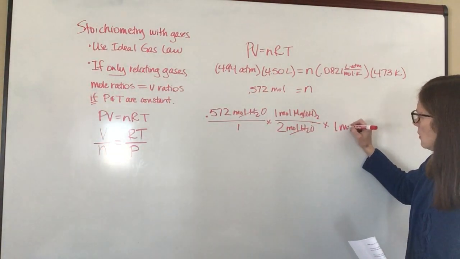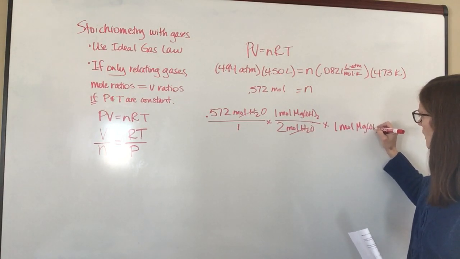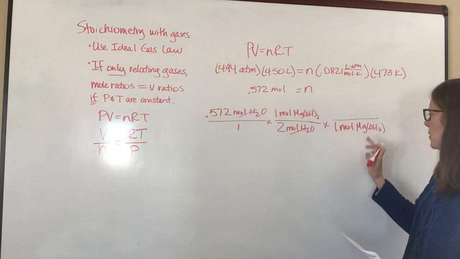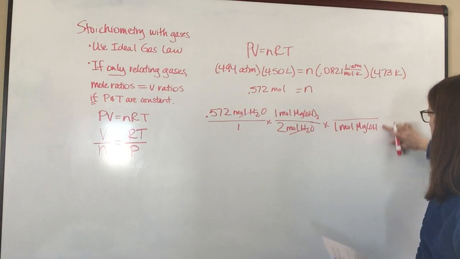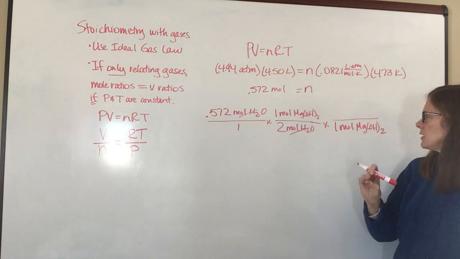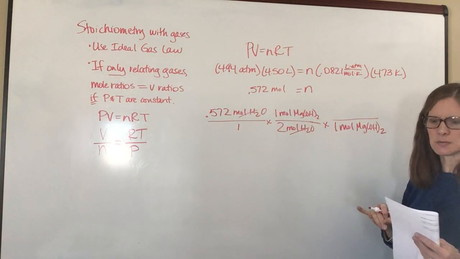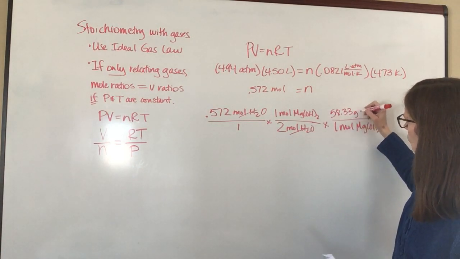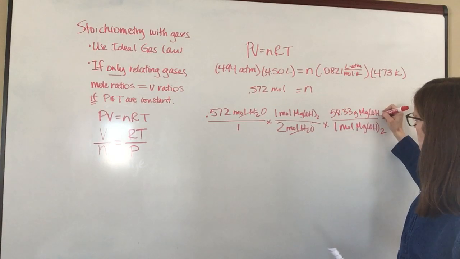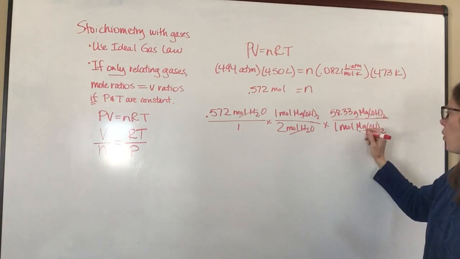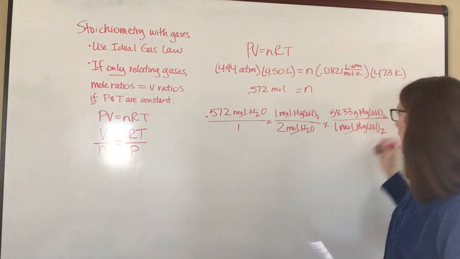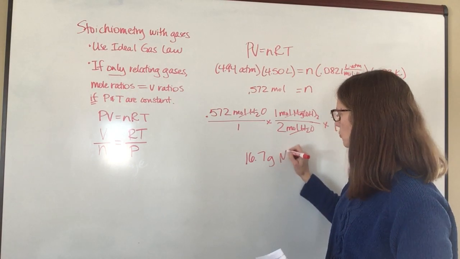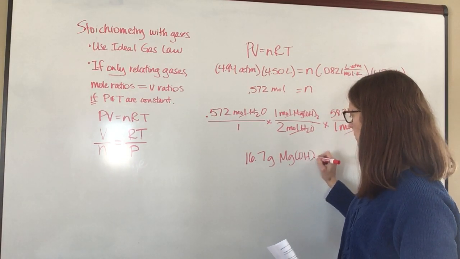In 1 mole of magnesium hydroxide, you use your periodic table. Magnesium's about 24, oxygen's about 16, hydrogen's about 1, so that's going to give you 58.33 grams of magnesium hydroxide per mole, so moles will cancel out. And then when you multiply all that through, you should end up with 16.7 grams of magnesium hydroxide.